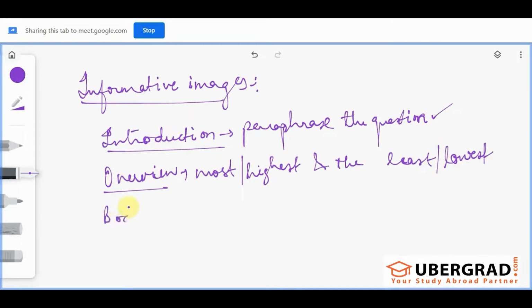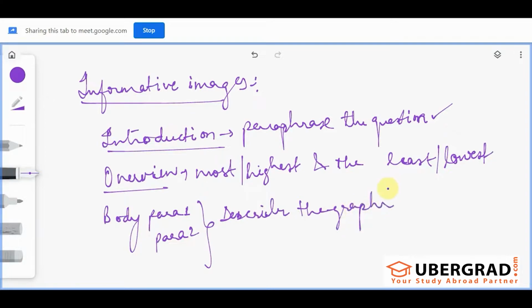Next, you write body para 1 and para 2. Here you will describe the graphs, making comparisons.